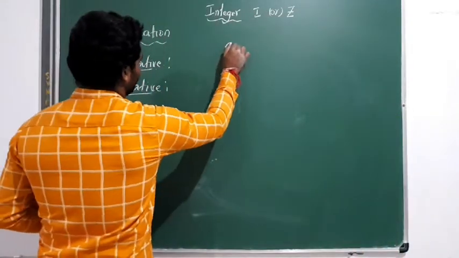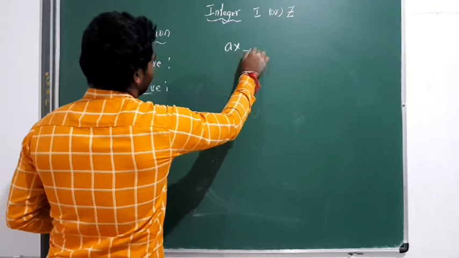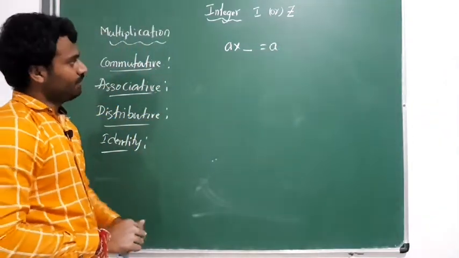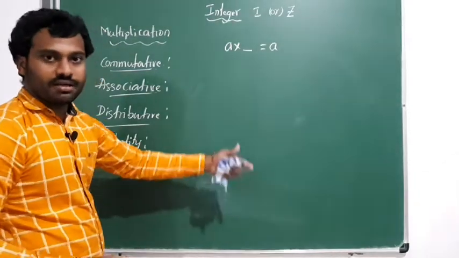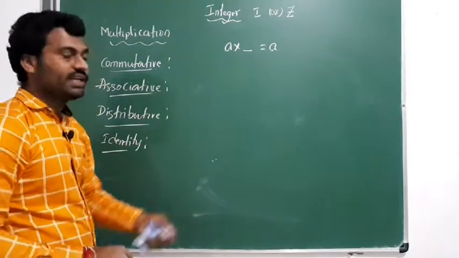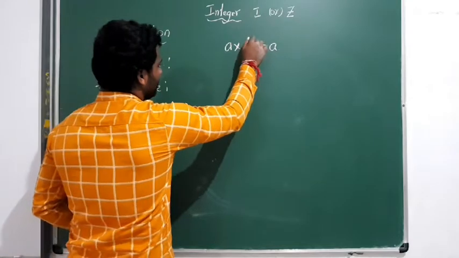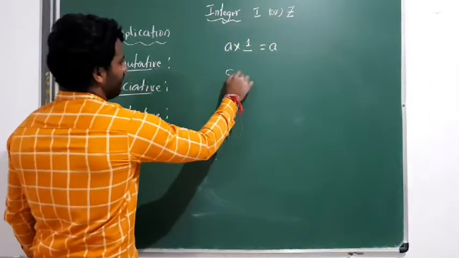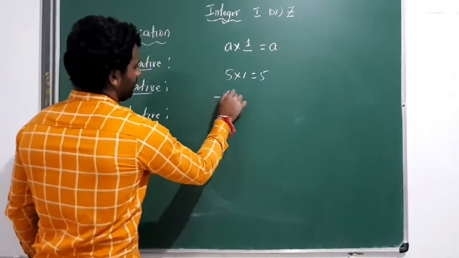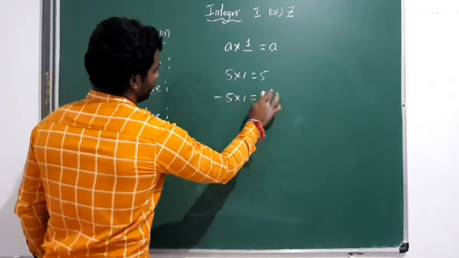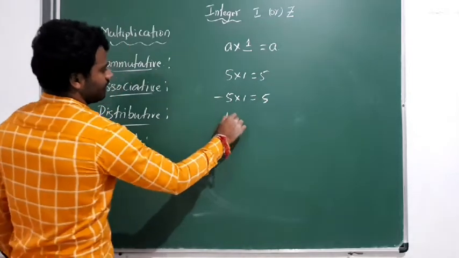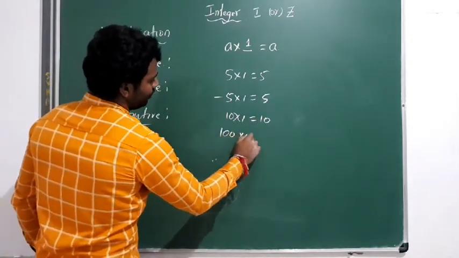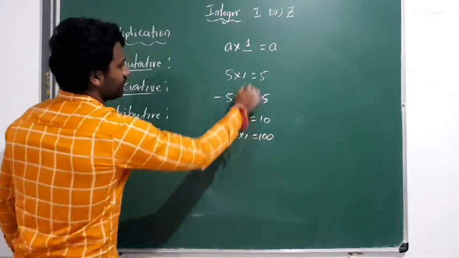First, I will write the general form. A into anything, if you multiply, you have to get A only. If you multiply with 10, minus 10, 100, minus 100, you won't get A. But if you multiply with 1, you get A only. 5 into 1 is 5. Minus 5 into 1 is minus 5. 10 into 1 is 10. 100 into 1 is 100.